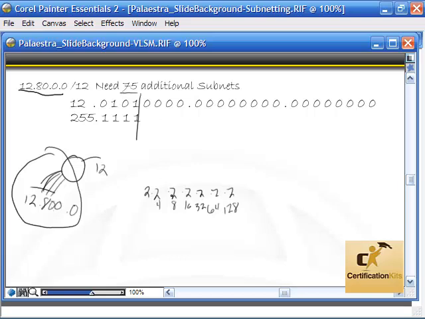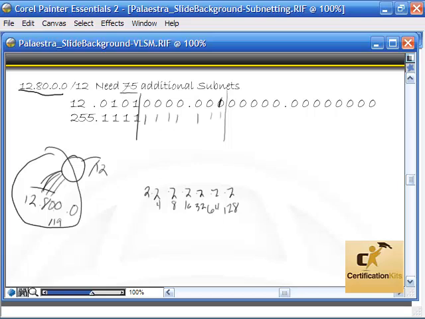It takes 7 additional 2's, or 7 binary spaces. So I turn the next 7 bits on. So that gives me a new subnet mask. Everywhere else in the network's using /12. Here it's /19.